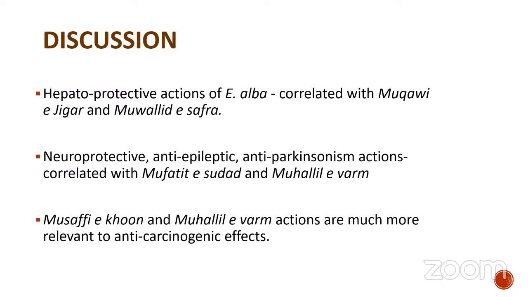Several studies elicit the hepatoprotective action of Eclipta alba, which can be correlated with Muqawwi Jigar and Muwallid Safra, as proposed in the Unani classical text. Few more studies suggest neuroprotective, anti-epileptic, and anti-Parkinsonism actions that can be correlated with Mufattit Sudad and Muhallil Waram as per the Unani view. Further, Musaffi and Muhallil Waram actions are much more relevant to anti-carcinogenic effects.